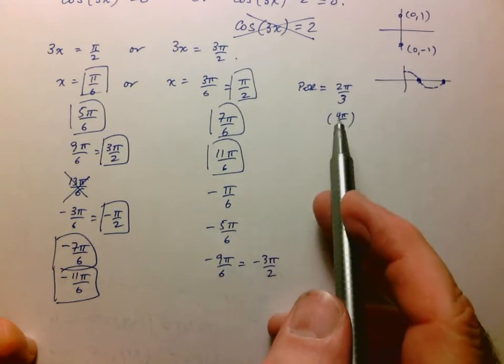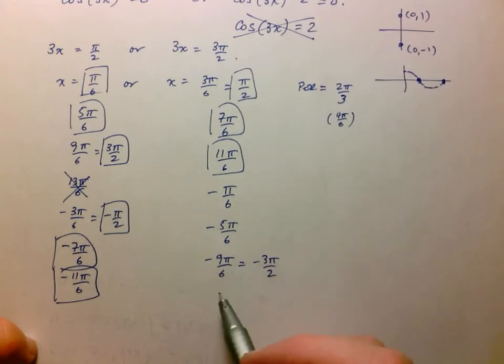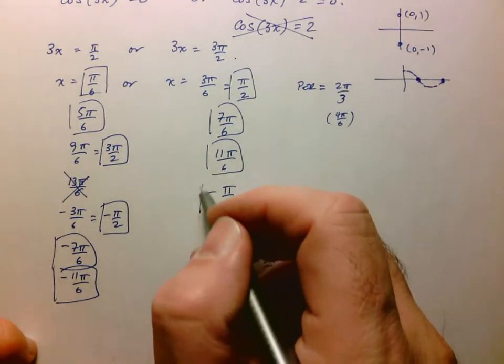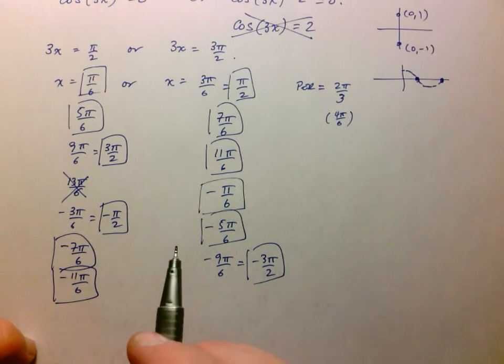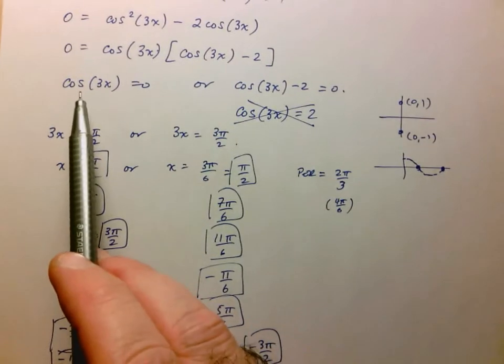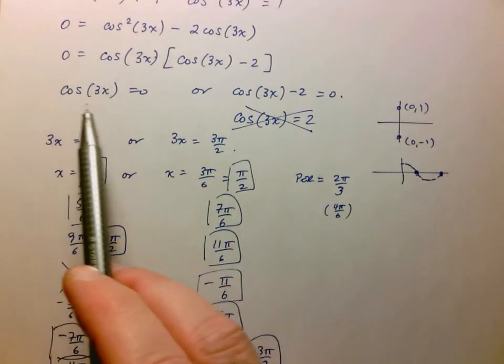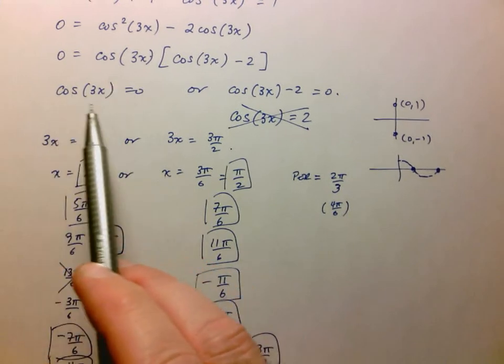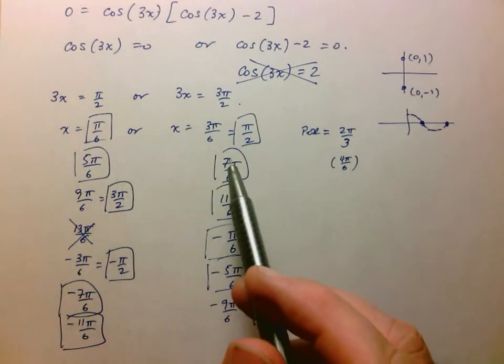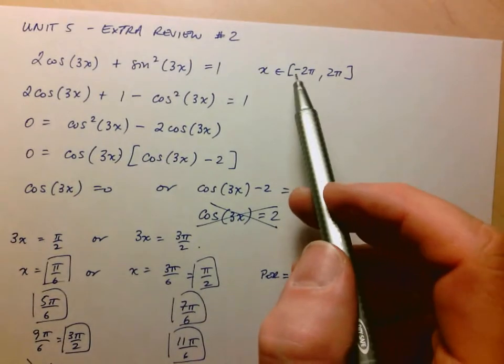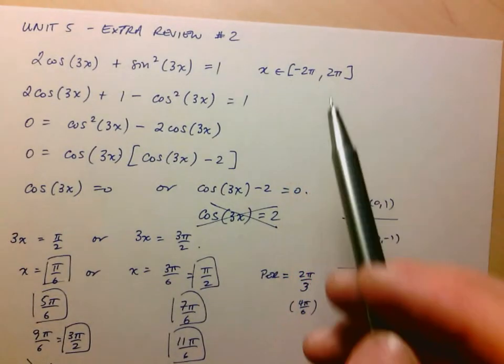But if I try to subtract another 4 pi over 6, it'll be negative 13 pi over 6. That's too small. So I've got here my 3 negative answers. So in the end, even though we were left with just this innocuous looking equation, it actually ended up producing 12 solutions between negative 2 pi and 2 pi.